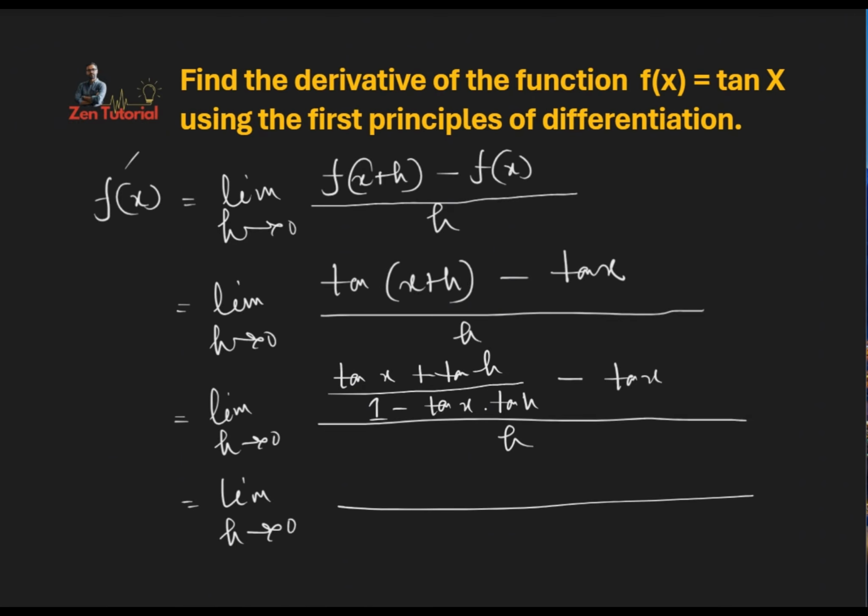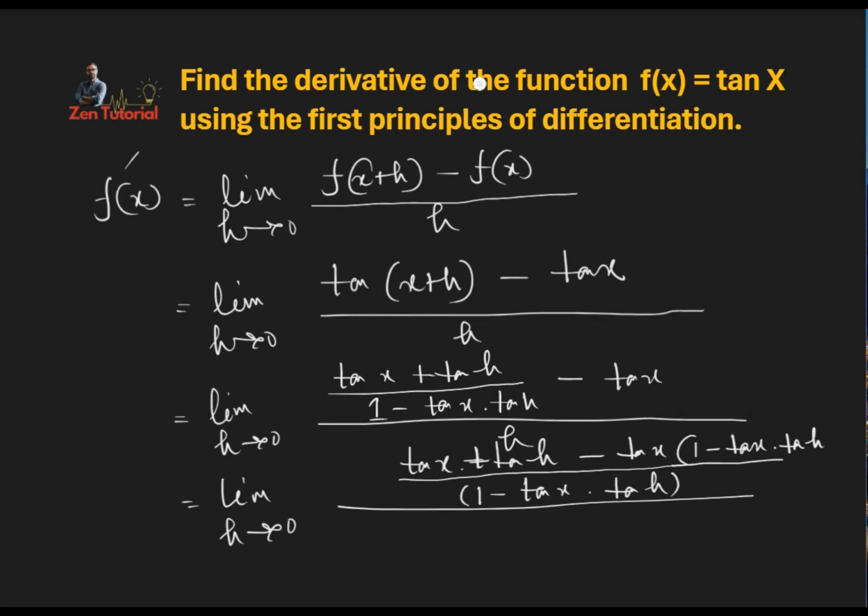So the LCM will be 1 minus tan x tan h, and here tan x plus tan h minus tan x times the value of LCM, so 1 minus tan x tan h, over h.